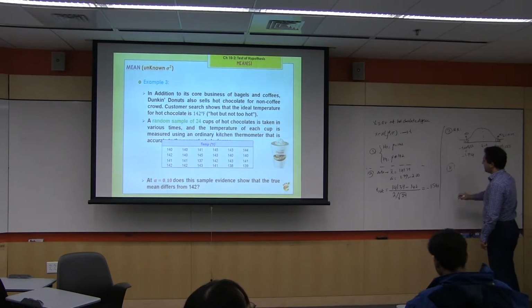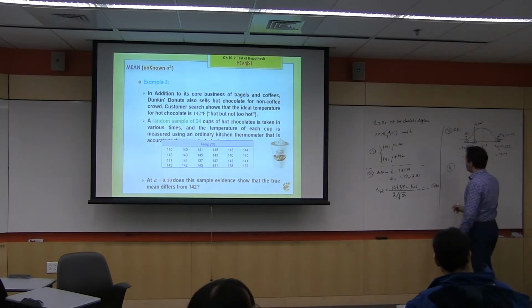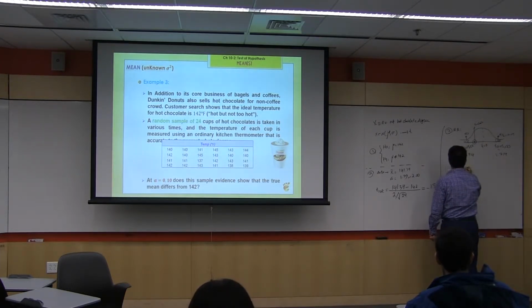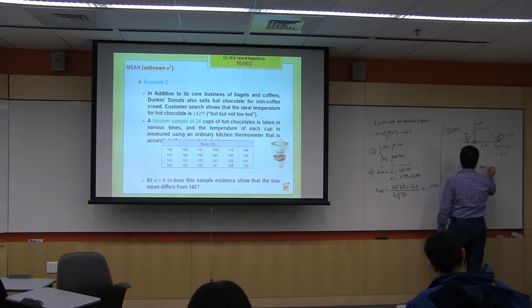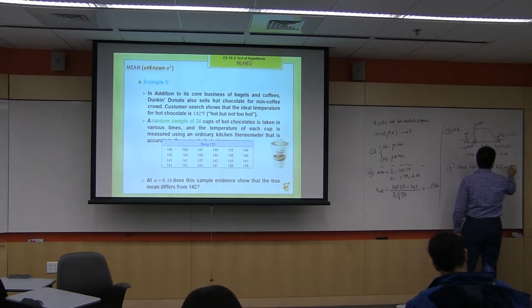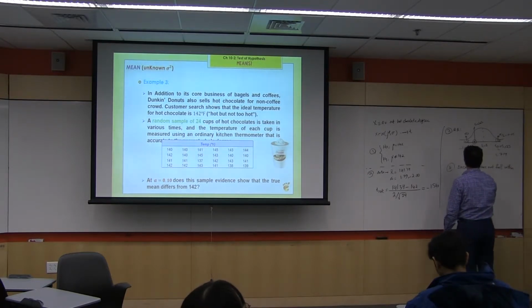Make the decision now. Negative 1.54 is my t-calc. So since the t-calc does not fall within the rejection region, what do you conclude?